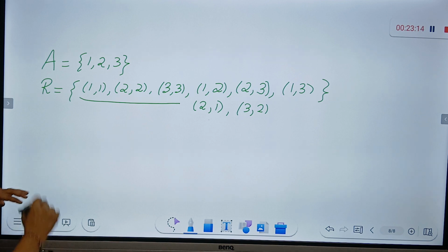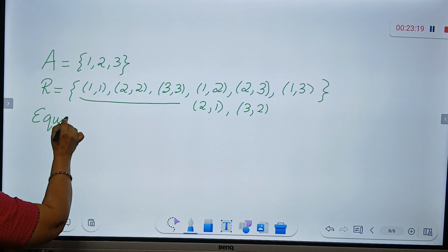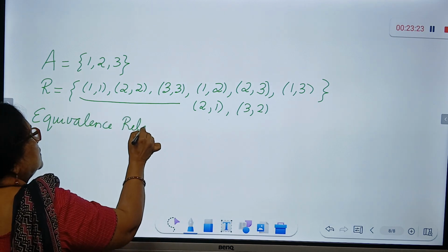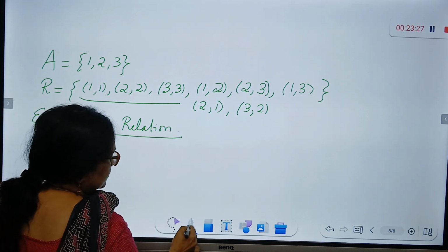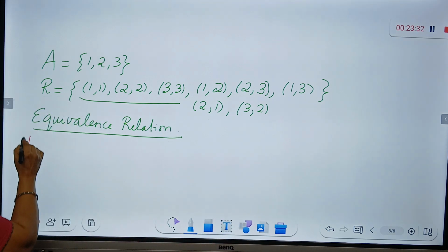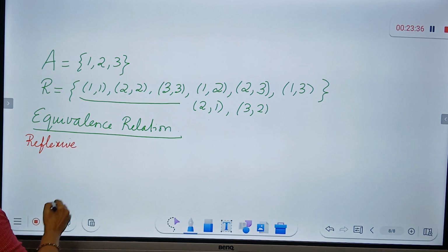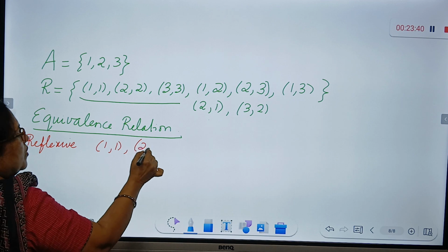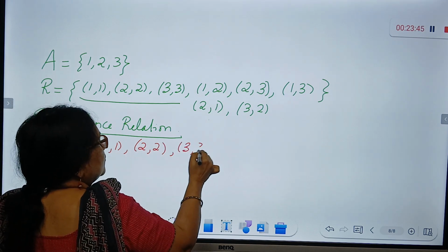So, now this is complete. This is an example of an equivalence relation. Why is it equivalence? Reflexive. Why is it reflexive? (1, 1), (2, 2), (3, 3).